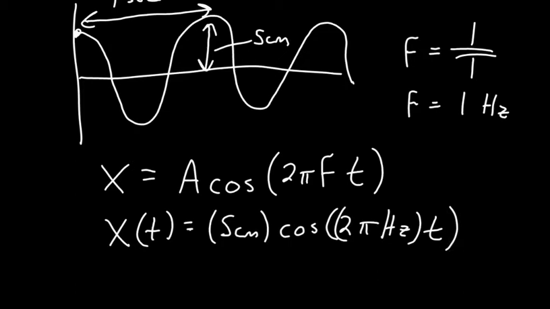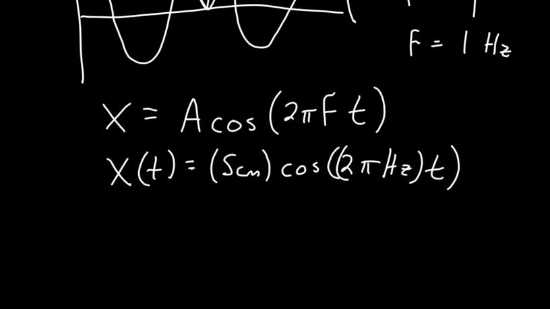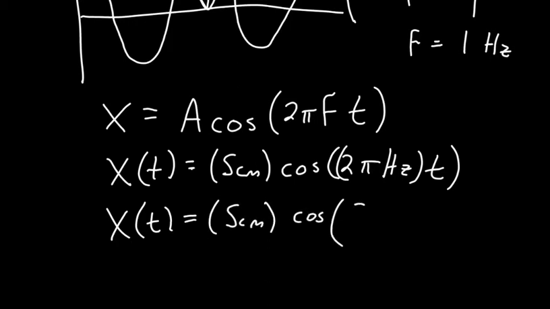Hertz is the same as 1 over seconds, so you might also see this written out as x as a function of t is equal to 5 centimeters cosine of 2 pi times 1 over seconds, times t.